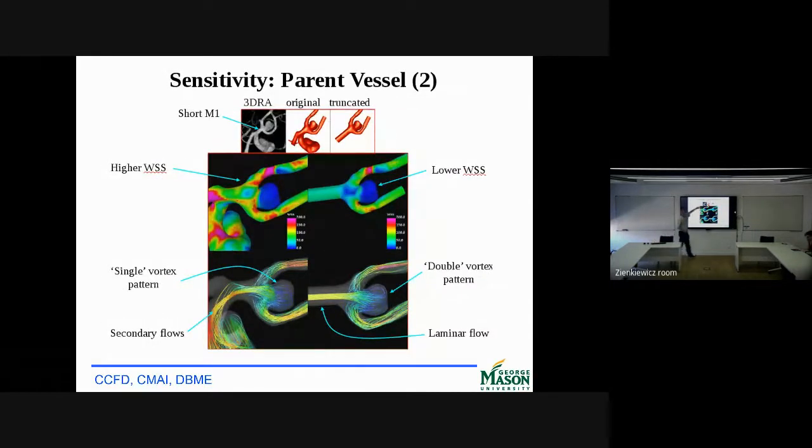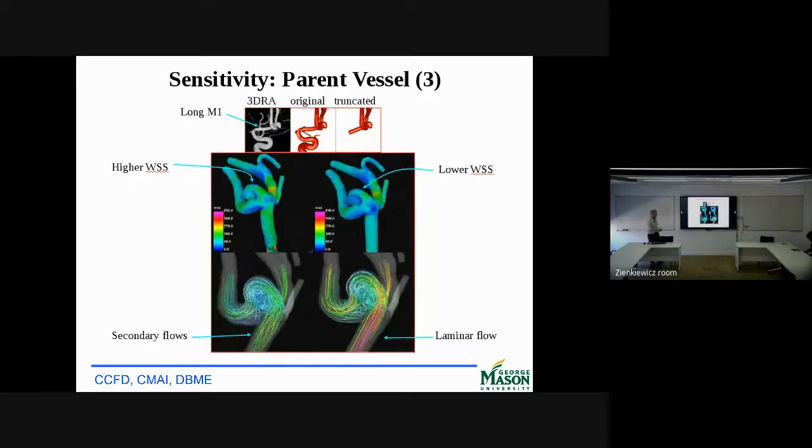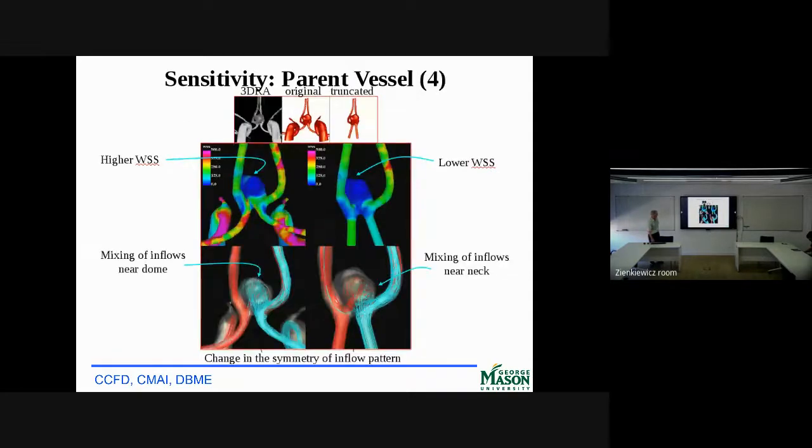Here it was cut, instead of taking all of this upper part into consideration, you can see that we have a very different vortex pattern inside the aneurysm. And we know that vortices are important for rupture. And the same here for higher wall shear stress. And here's another case where the original is much, much bigger than the truncated one. So it does matter.